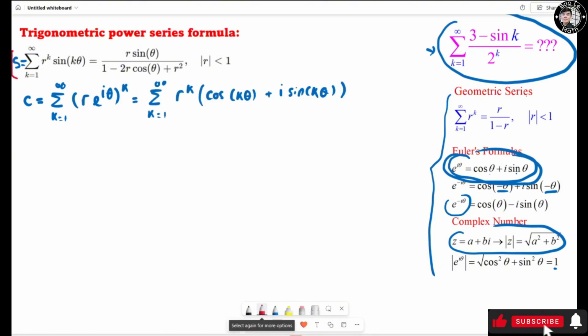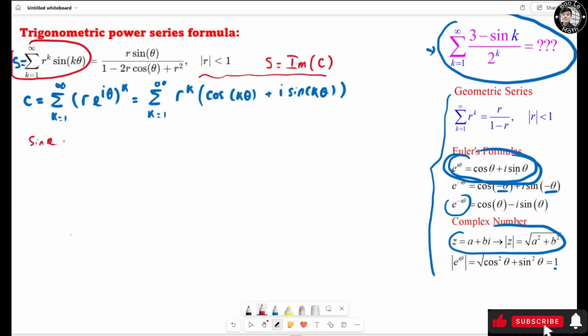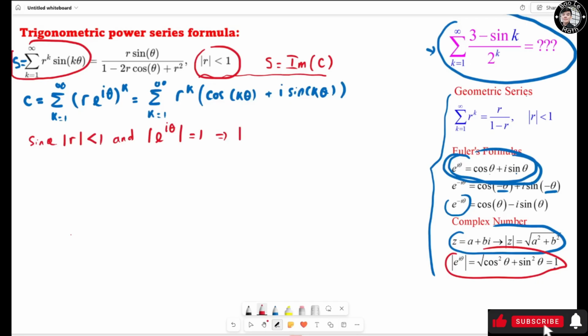Note that S is actually the imaginary part of this series, so S equals the imaginary part of C. Since the absolute value of r is always less than 1, as given here, and the modulus of e to the i theta equals 1, it tells us that the absolute value of the common ratio, which is this one here, is less than 1.